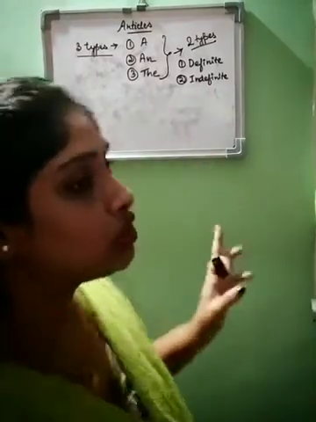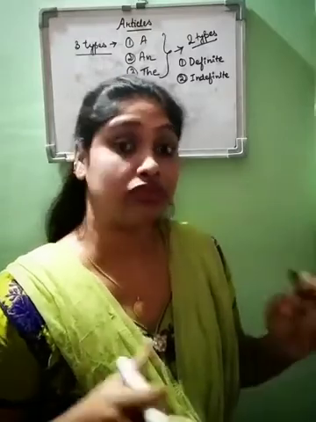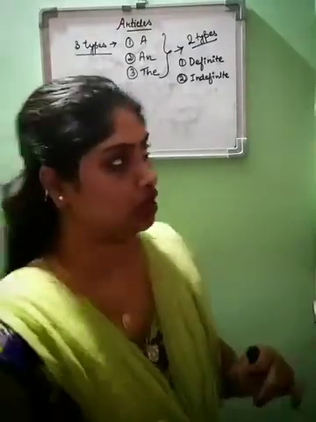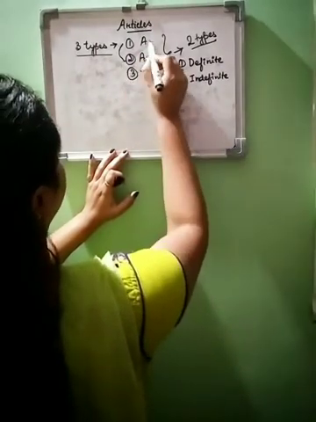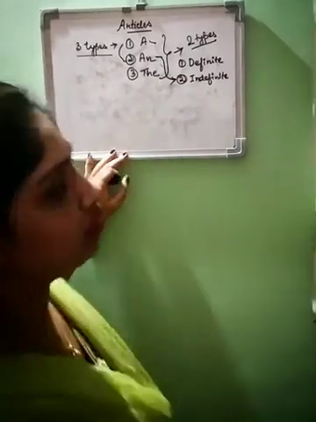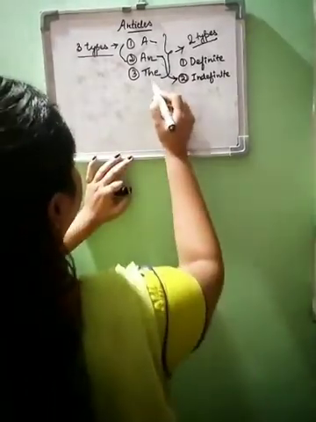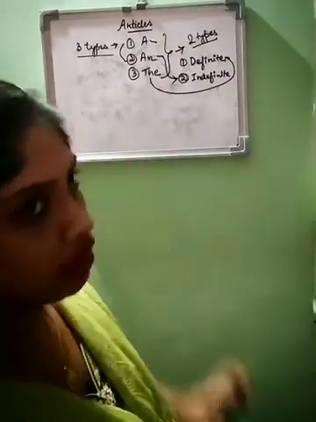Now let's see which article is considered definite and which is considered indefinite. From these, a and an are considered to be indefinite articles, and the is considered as the definite article.